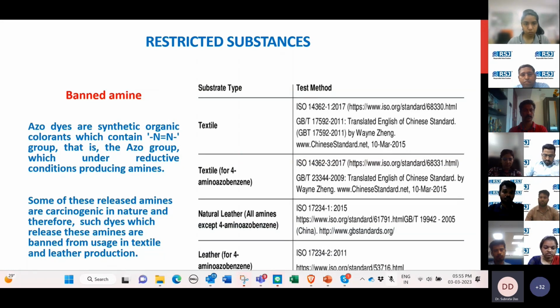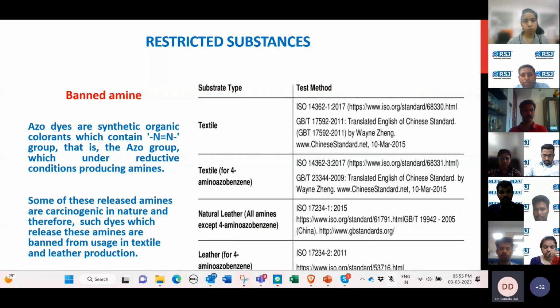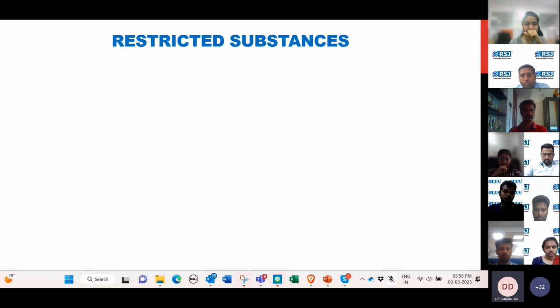If the temperature is very high, then there will be hydrolytic cleavage of the product, and when there is hydrolytic cleavage of the dyestuff due to the instrument, then also it can create these amines, but that is not at all a banned amine. So a false positive result, this is very interesting. Many finishing chemicals sometimes give these false positive results in the final product testing. So that is very interesting to share with you.